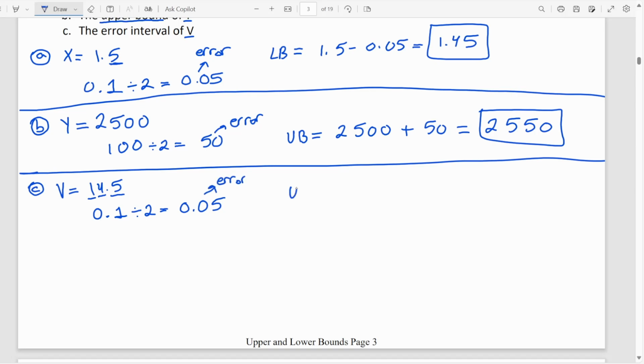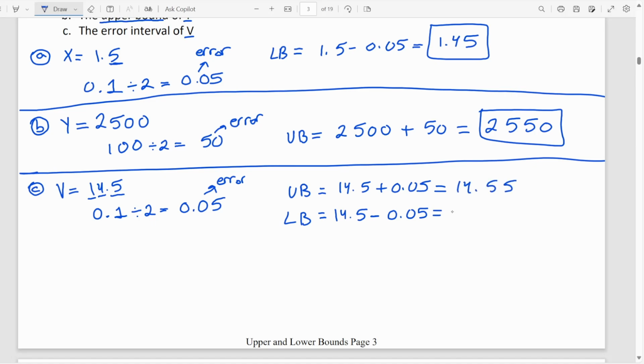So the upper bound and the lower bound. You have the original, which is 14.5, and we're going to add the error here. And here the original, and we'll subtract the error. So this right here will give us 14.55.